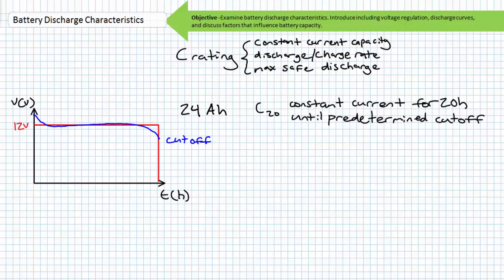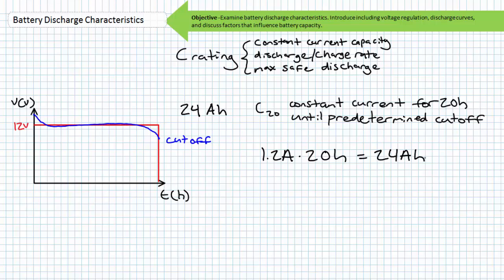A battery with a C20 capacity rating of 24 amp hours means this battery delivered not 24 amps for 20 hours, but rather 1.2 amps every hour for a period of 20 hours, or 24 amp hours, until the electrochemical reaction central to the conversion process is exhausted and the battery reached a predetermined cutoff voltage. This C rating in effect establishes a predetermined length of time, a constant current, and a firm cutoff to level the playing field.